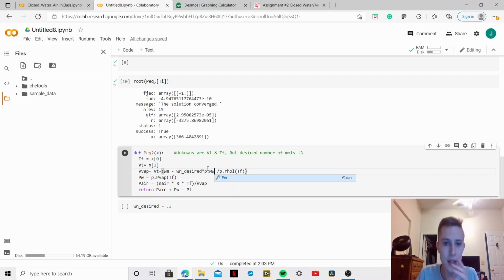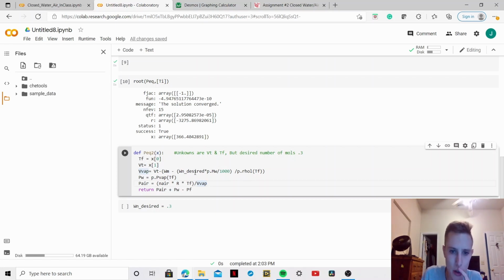And since the molar weight would be in grams, we want to make sure we divide by 1,000 to get it in kilograms, so all of our units are the same. So let's divide by 1,000. Okay. Now we can solve for the V total with this.